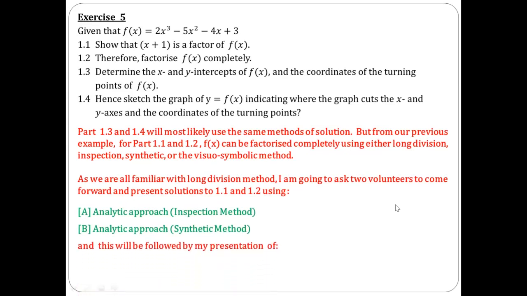And this will be followed by my presentation of the visual symbolic method. Right. So can I have the first volunteer? Yes, Manera, can you come and present. Actually, we will have the first and second volunteers presenting.